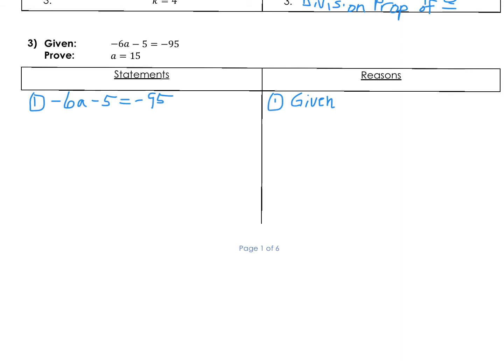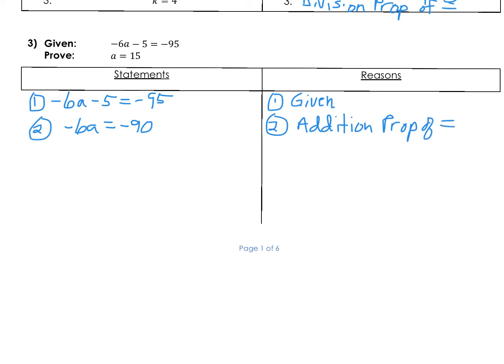So if I add 5 to both sides, I end up with a negative 6a on the left, but a negative 90 on the right. Since I added 5, that is the addition property of equality.